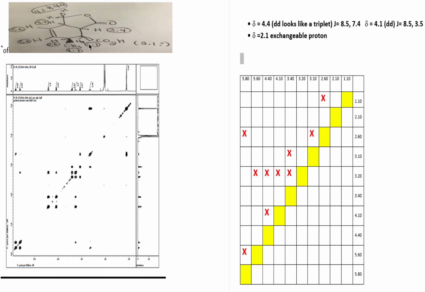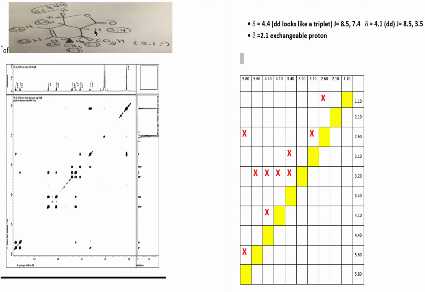We can now choose the methine proton at 3.10 or the alkene proton at 5.80 to see if there is further correlation. Let us pick the one at 3.10. In addition to coupling to the one at 2.60, it also couples with the one at 3.40. The nearest proton with a 3-bond coupling that could couple with it must be the proton shown here.